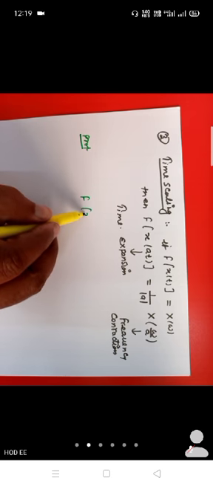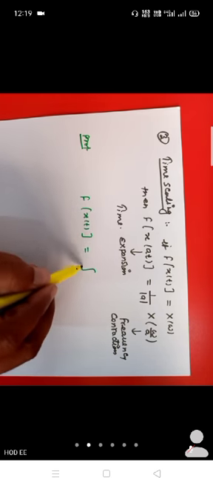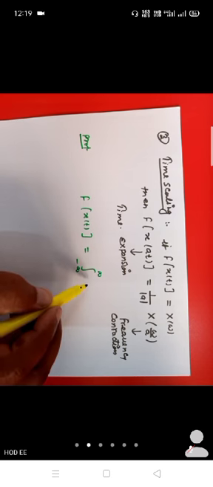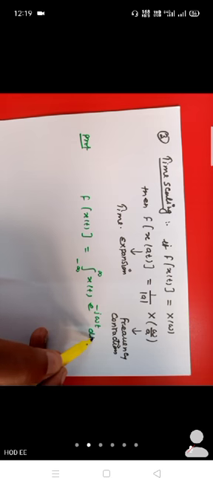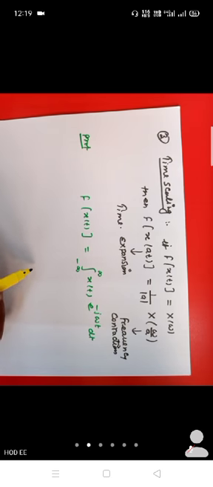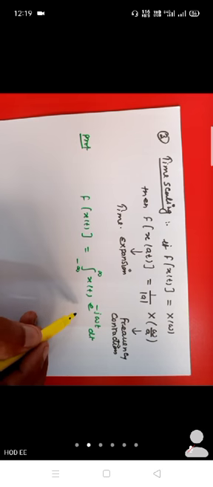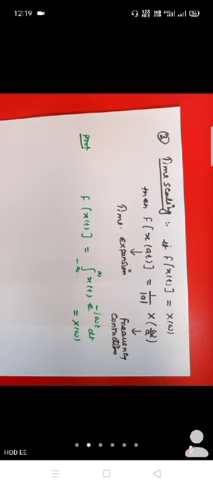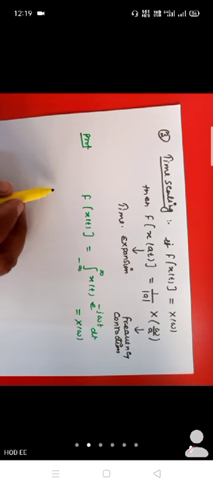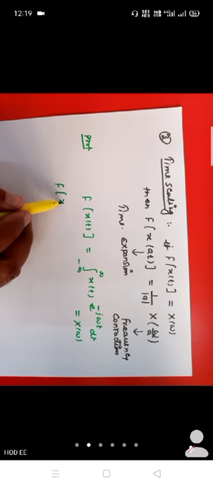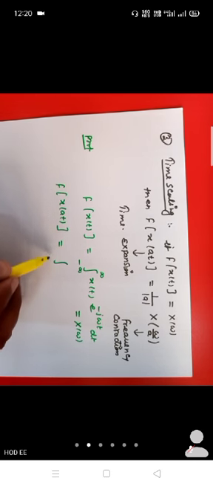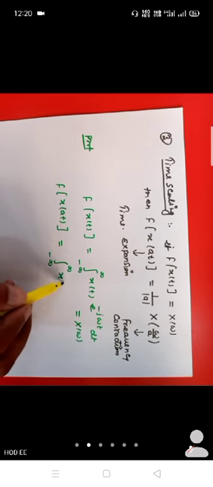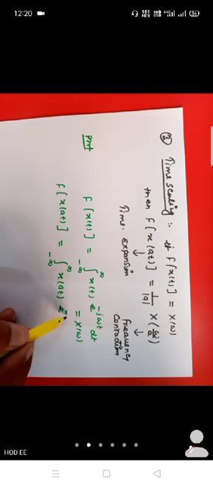The Fourier transform of x(t) is defined from minus infinity to plus infinity, x(t) e raised to the power minus j omega t dt, and we write it as X(omega). Now we have to determine the Fourier transform of x(at). So the Fourier transform of x(at) is equal to the integral from minus infinity to infinity of x(at) e raised to the power minus j omega t dt.